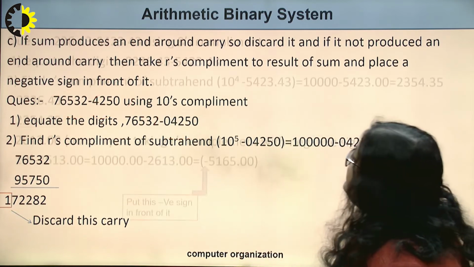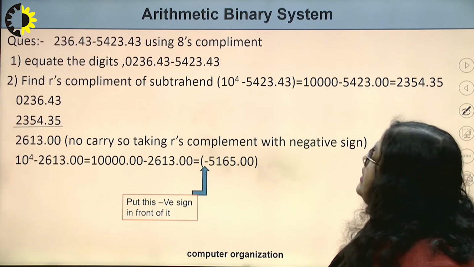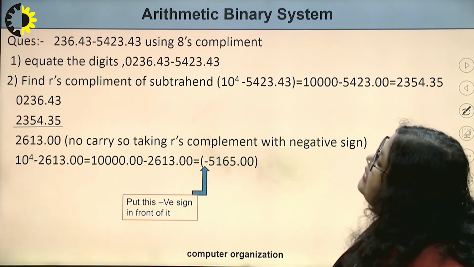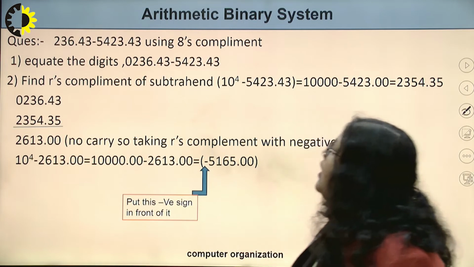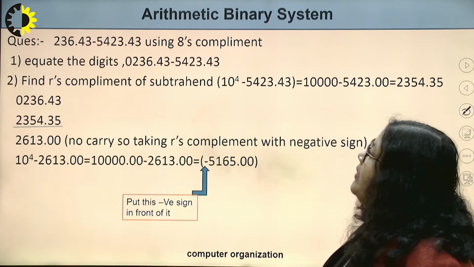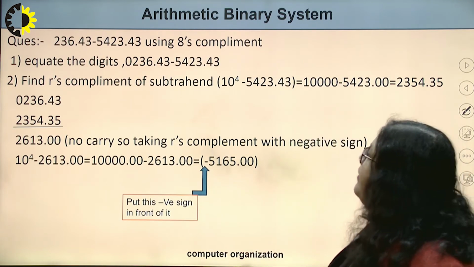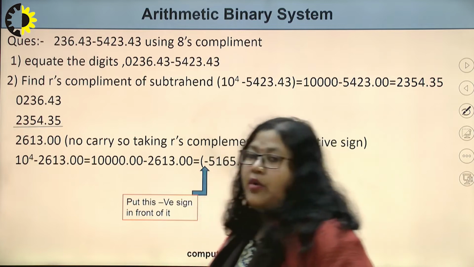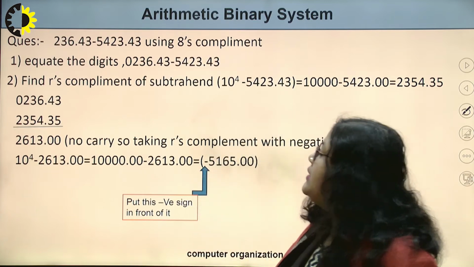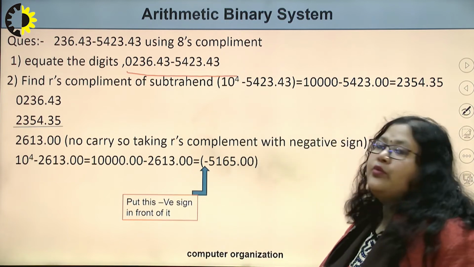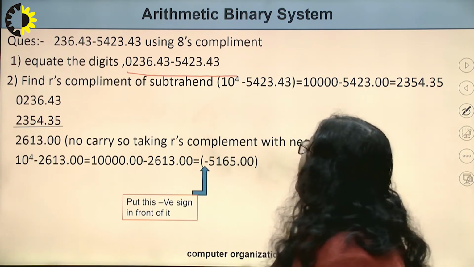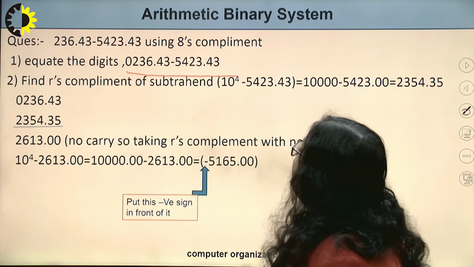So let's take a second example. This is 236.43 minus 5423.43. First we have to equate the digits, in the minuend and the subtrahend, and the complement is the 8's complement. So it is basically 0236.43 minus 5423.43. Now we take the complement of the subtrahend part.